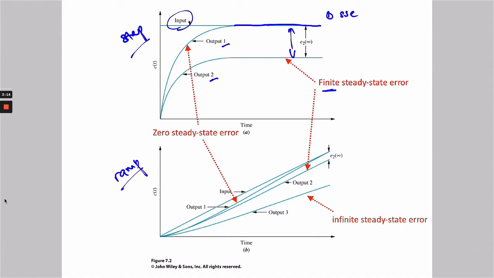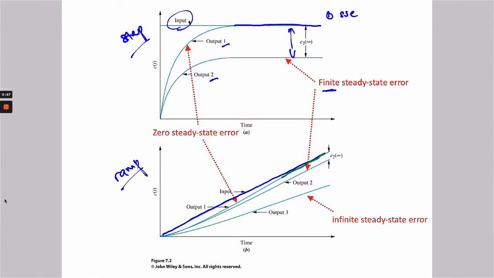As well as for the ramp input here, so this is the input. For output 1, this line actually converges, and finally at steady state the error becomes 0, because at steady state the final value is the same as the input.